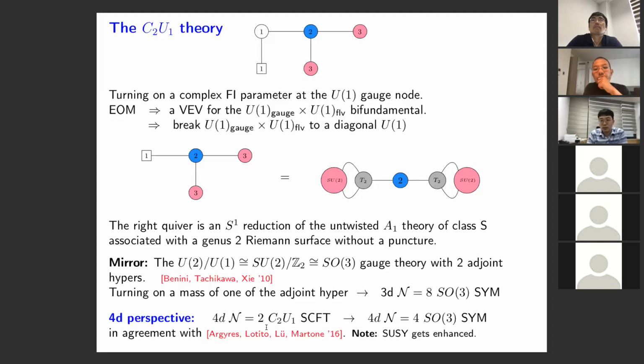Yeah, it seems the puncture is sort of subtle to deal with, right? Right. The simplest case would be a linear quiver; if it's a linear quiver, there isn't any one-form symmetry because there is a fundamental hypermultiplier that breaks the center symmetry.